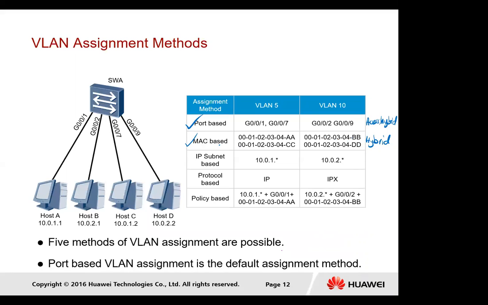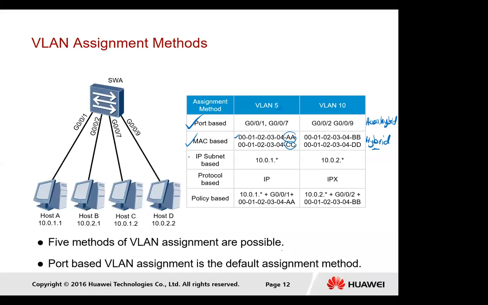What it means is that based on the MAC address, oh, you are 0001020304AA, okay, you belong to VLAN 5. CC, you belong to VLAN 5 as well. So this one is based on the MAC address binding. I don't care which switch port you're connecting to, as long as I have this binding table in my switches, I will assign the correct VLAN to you. But in the first place, you need to specify the link type as hybrid.